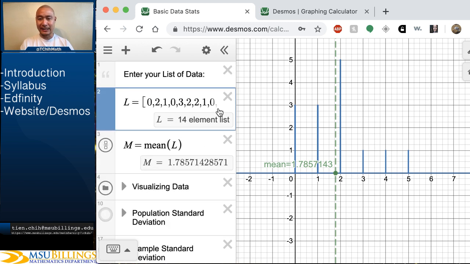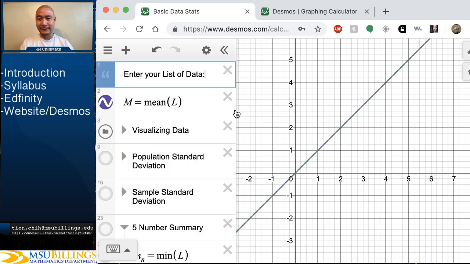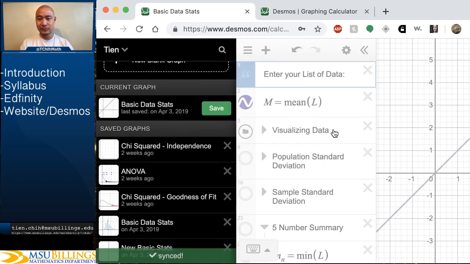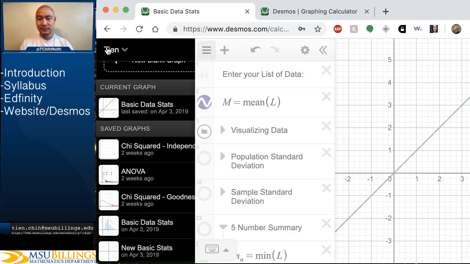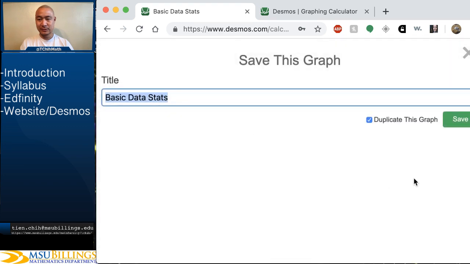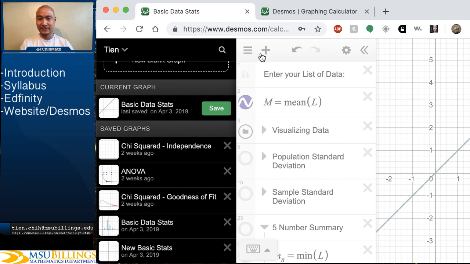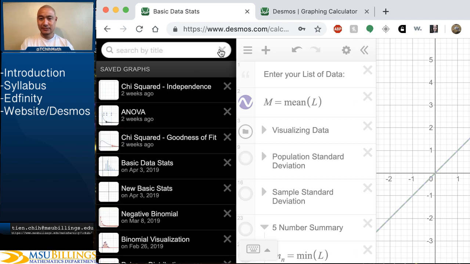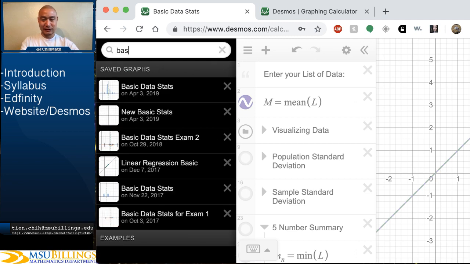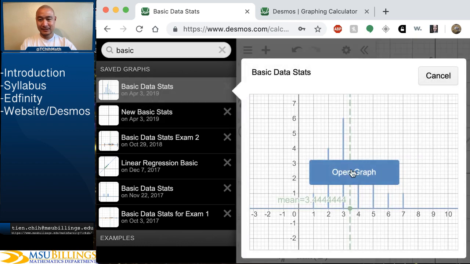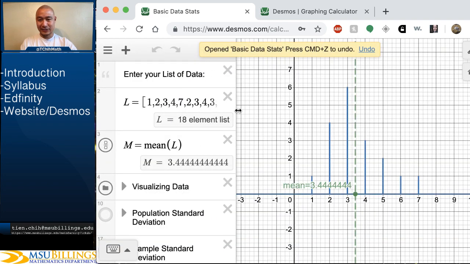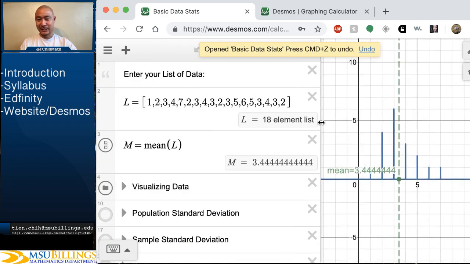On the other hand, if I go ahead and throw in, no, I don't want to save that. Let me just open. All right, so I accidentally deleted that, which isn't great, but I can just reload this.